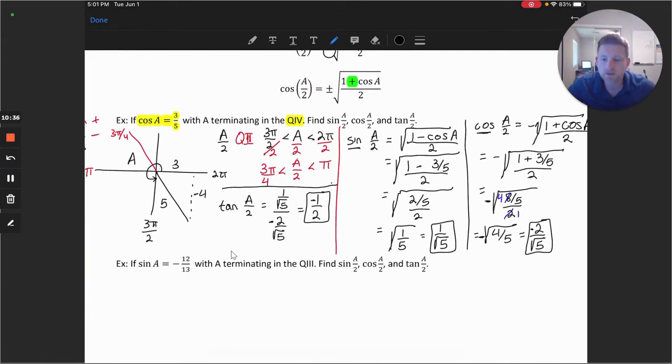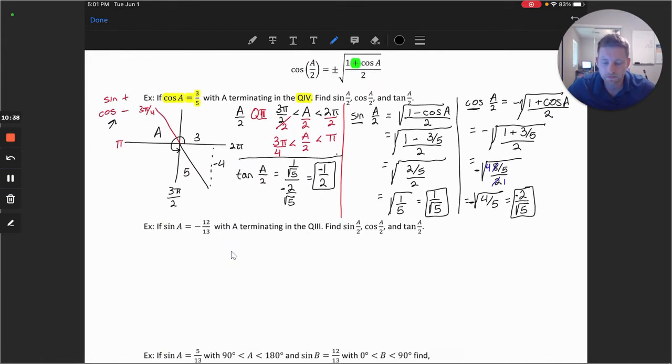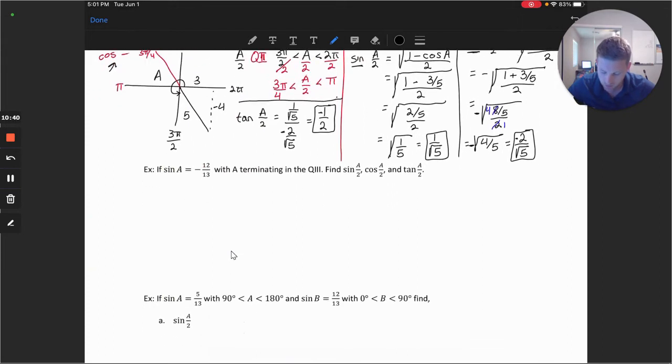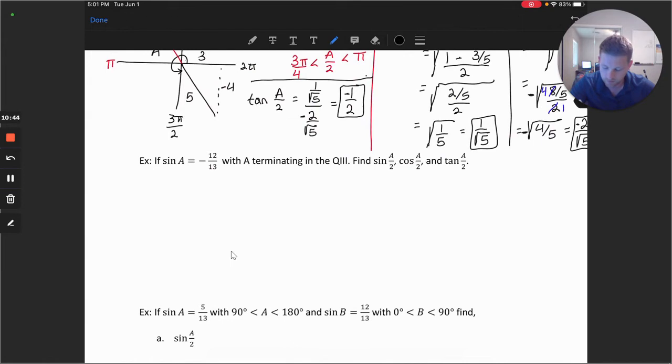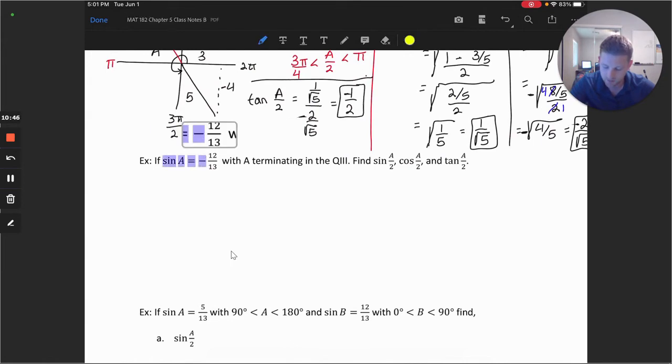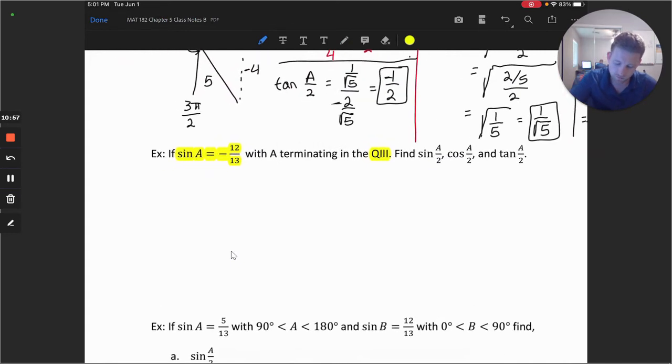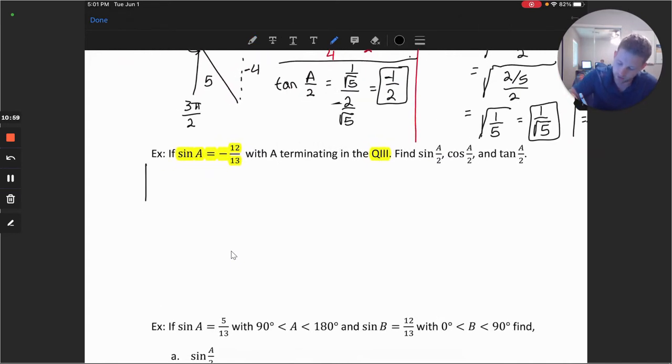All right, so let's take a look at another example with this and work another one through. This one we are given the sine of A, and we're given that the angle terminates in quadrant 3. So let's go and build our graph here. I'll try to take up a little less space to work with quadrant 3.